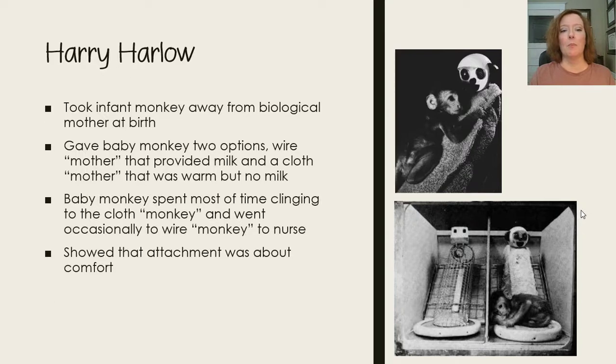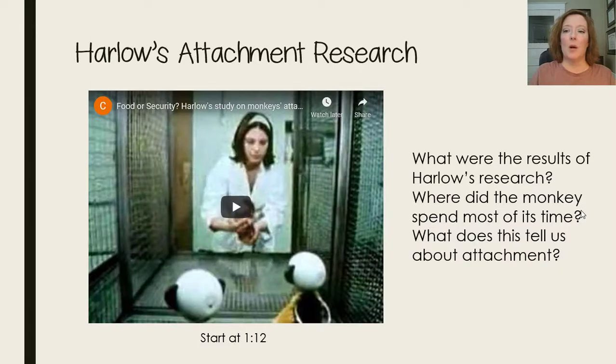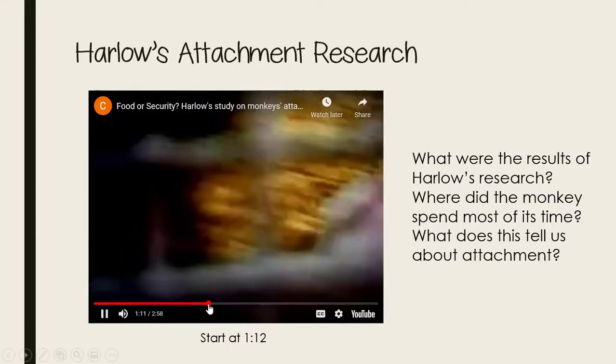The baby monkey spent most of their time clinging to the cloth monkey and went occasionally to the wire monkey to nurse. What this demonstrated was that attachment is more about comfort than just being able to get sustenance. As we're watching this clip, I want you to consider what were the results of Harlow's research, where did the monkey spend most of its time, and what does this tell us about attachment?